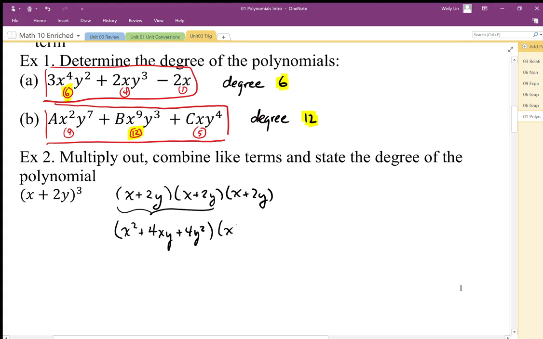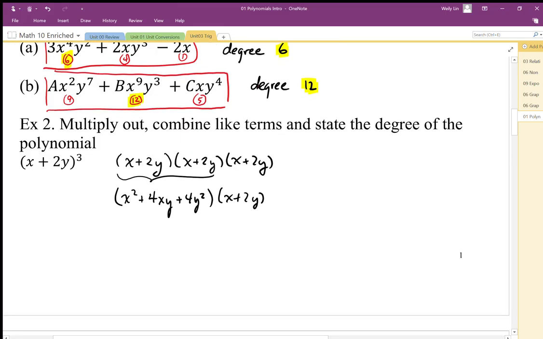When I multiply this, it's a little bit trickier, so I'm just going to do it in steps. I'm going to combine like terms as a separate step. I end up with x cubed plus 4x squared y plus 4xy squared plus, and I'm going to distribute the 2y, 2x squared y plus 8xy squared plus 8y cubed.